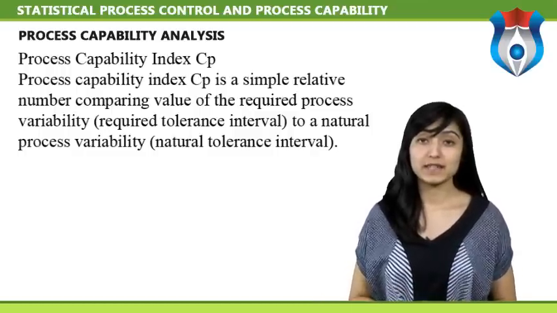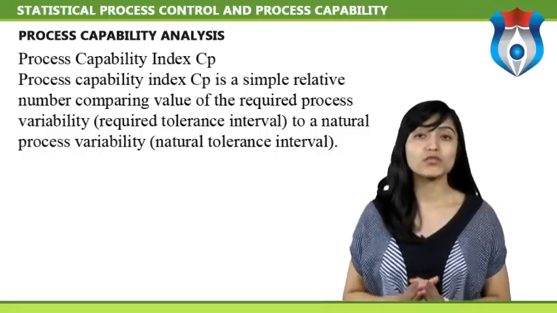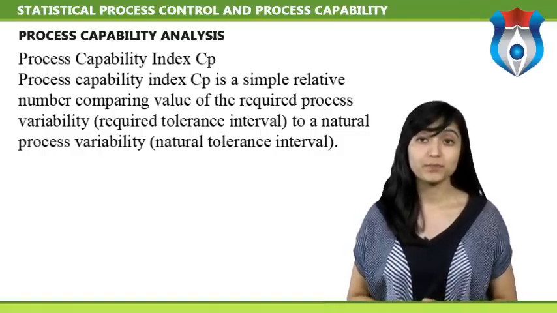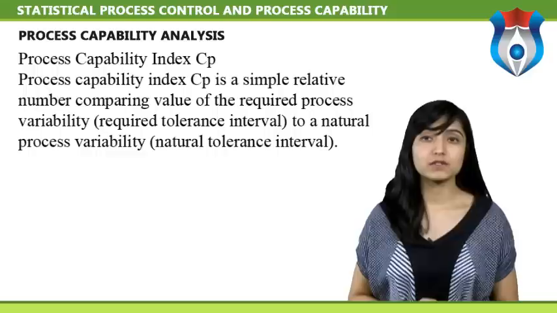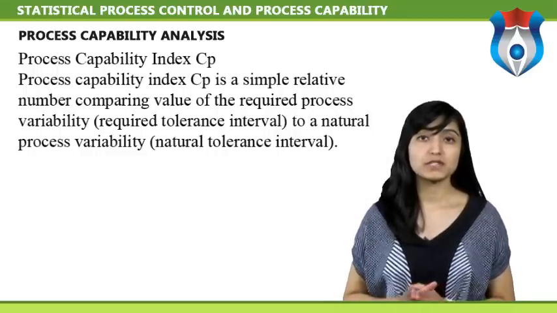Process capability index CP. Process capability index CP is a simple relative number comparing the value of the required process variability, the required tolerance interval, to the natural process variability, the natural tolerance interval.